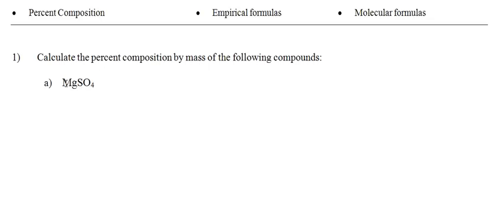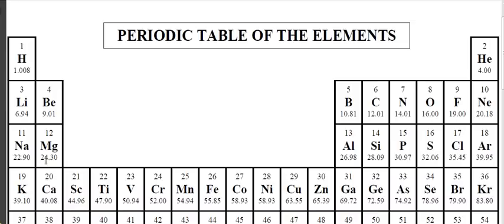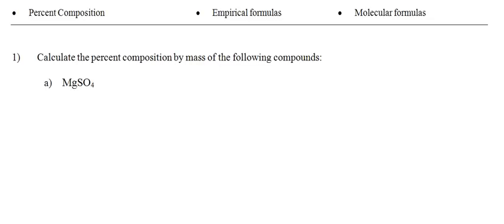So in magnesium sulfate, we have 1 magnesium, which has a molar mass of 24.3 grams per mole.